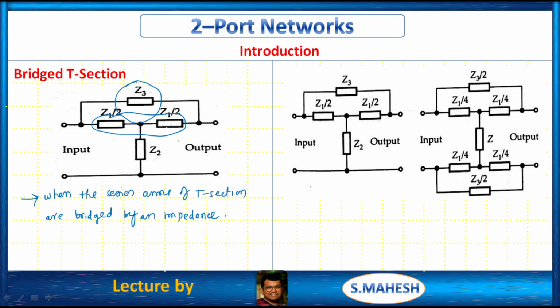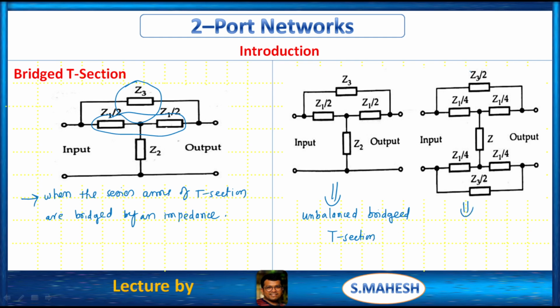So from this we can say that now we have Z1 by 2, Z1 by 2 series arm impedances and the Z2 shunt arm impedance. This is Z3. This is what? Unbalanced bridge T section. Like that, this is what?